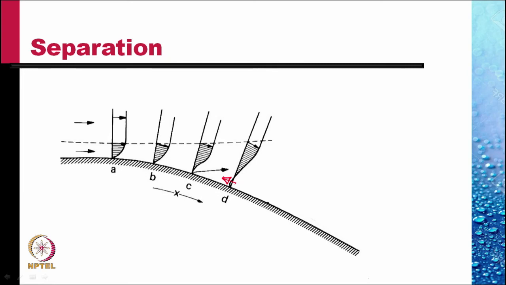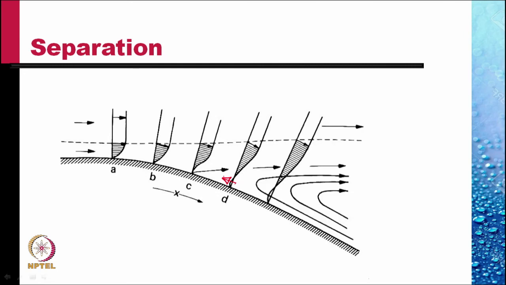Because of this, a separation occurs, and we get this as the line of separation. There is a reversed flow within the boundary layer or close to the surface.